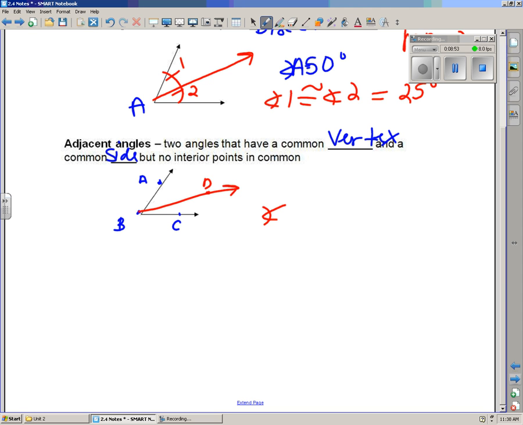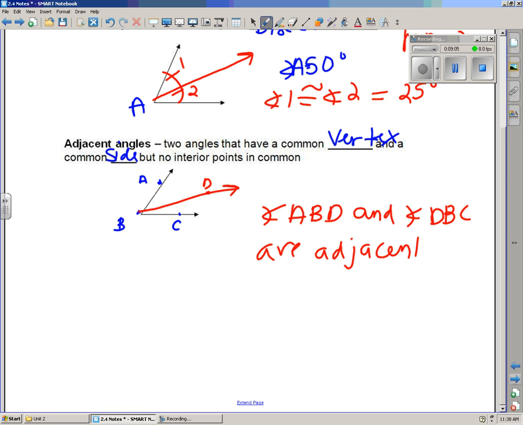That would be angle ABD and angle DBC are adjacent. We didn't say that ray BD was a bisector. We're just saying that these are adjacent angles. They share a common vertex and a common side, and then we've got two separate angles, right? We've got the angle here sharing that yellow side, and we've got the angle here sharing that yellow side.